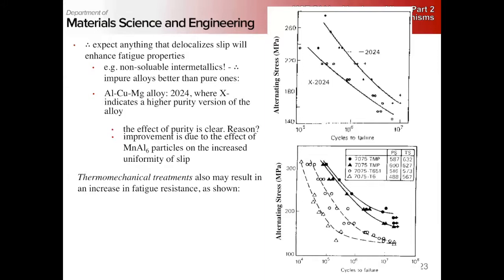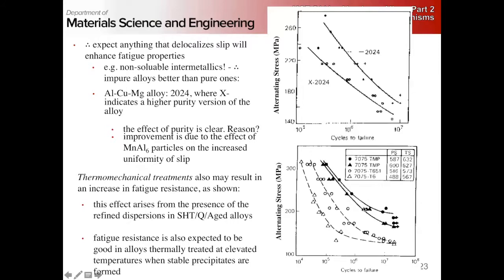So these are 7000 series alloys, same composition, but when they undergo thermomechanical processing, which is cold work and then a stabilizing heat treatment, right, we're able to increase the yield strength due to the work hardening, but also increase our cycles to failure. Right?